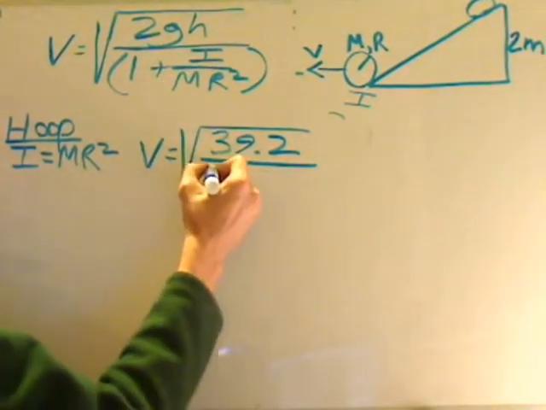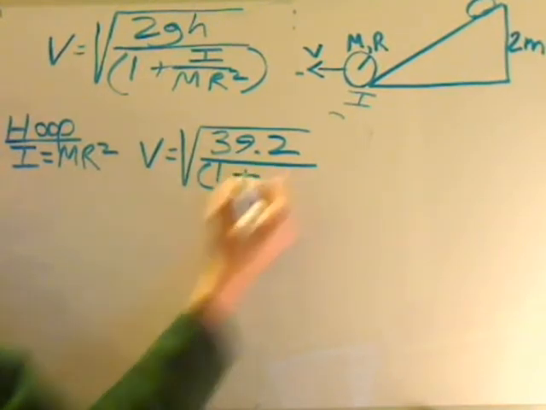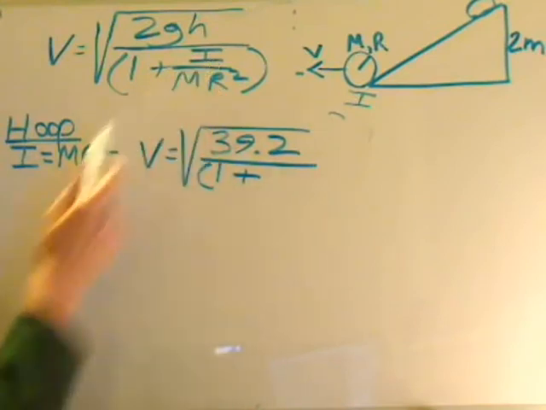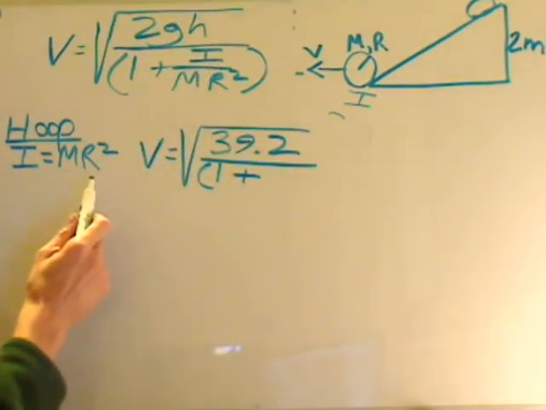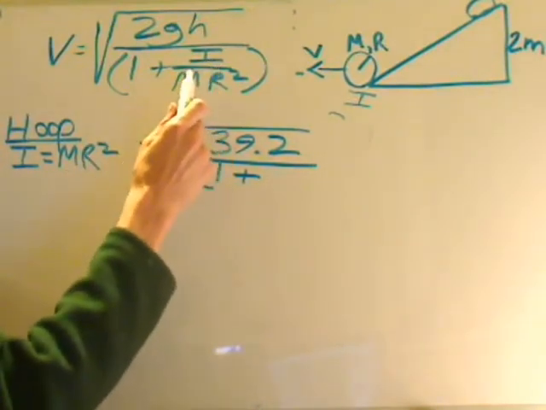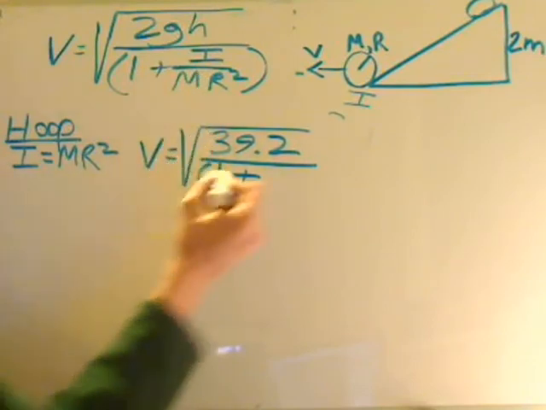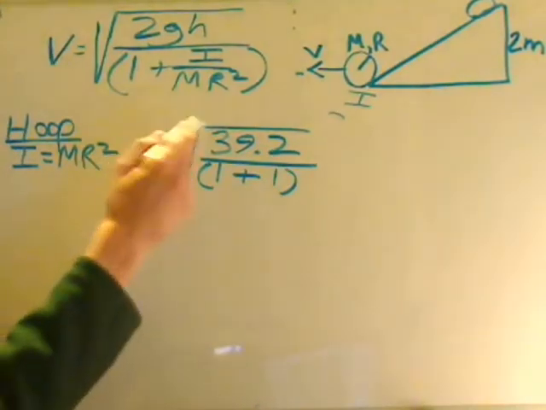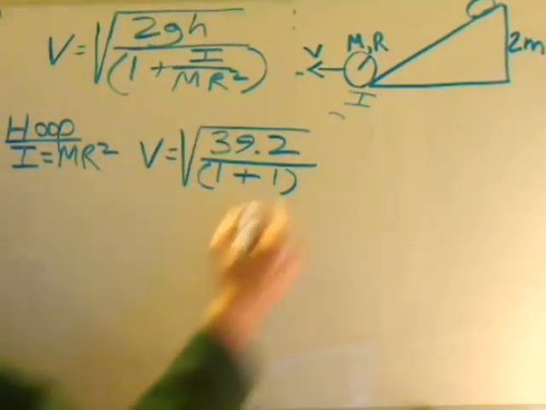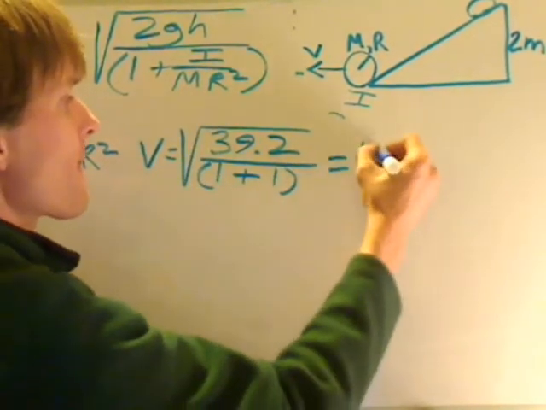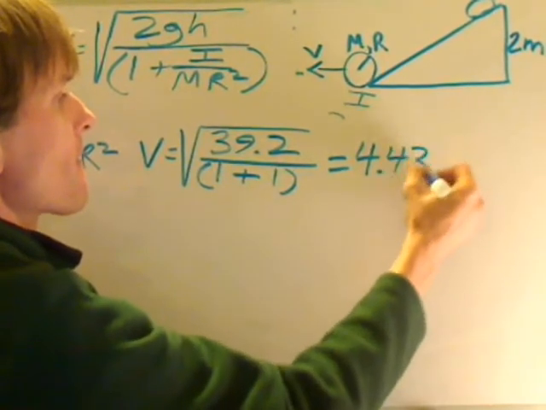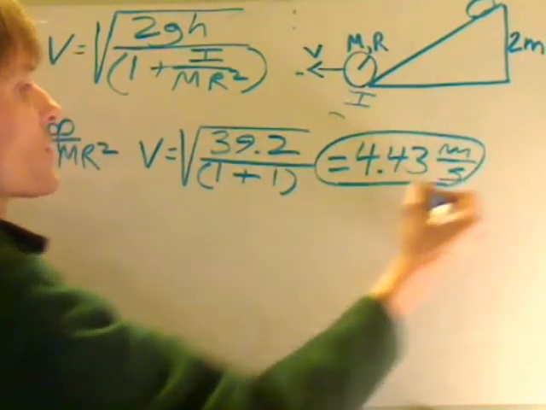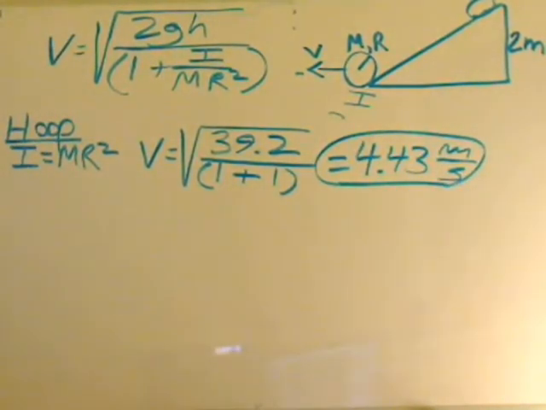In the denominator we have 1 plus moment of inertia divided by mr squared. Since the moment of inertia is mr squared, mr squared divided by mr squared is 1, so we get 1 plus 1. When you solve this, you get 4.43 meters per second. So there's the hoop's velocity at the bottom.